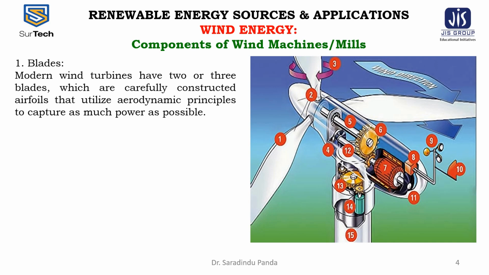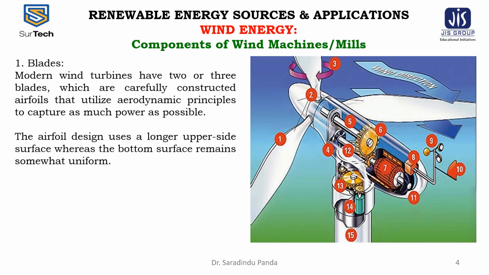Modern wind turbines have 2 or 3 blades which are carefully constructed airfoils and utilize the aerodynamic principles to capture as much power as possible. The airfoil design uses a longer upper side surface, whereas the bottom surface remains somewhat uniform. Blade designs operate on either the principle of drag or lift.